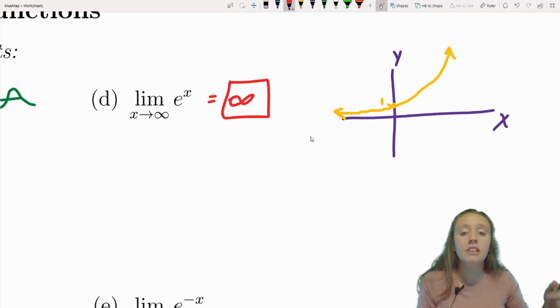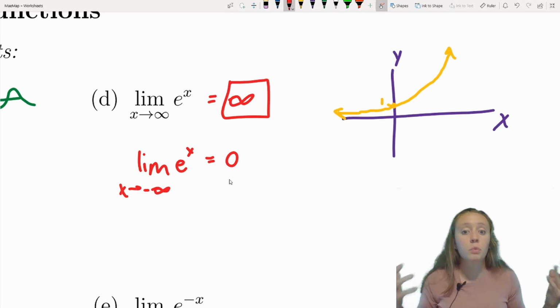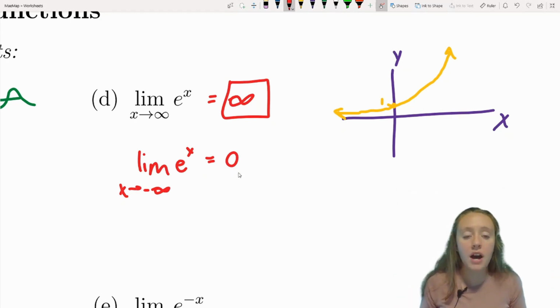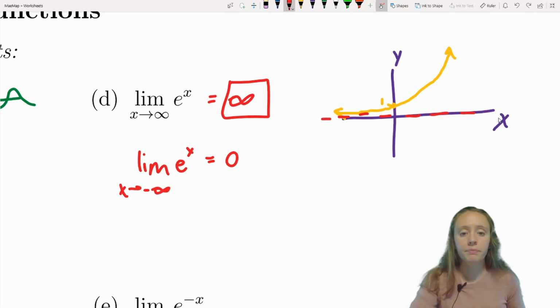But going towards positive infinity, it's a positive infinity. So if that limit of e to the x as x approaches negative infinity equals 0, well, we have a horizontal asymptote at y equals 0. Even though the other side goes towards infinity, we still have that horizontal asymptote of y equals 0.